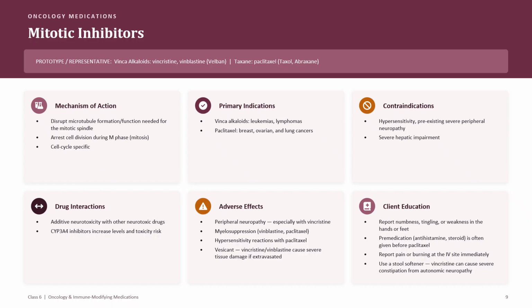So when a cell divides, it builds a temporary internal scaffold, and that's called the mitotic spindle. That physically pulls the chromosomes apart into two new cells. So both of these medication groups basically sabotage that scaffold.